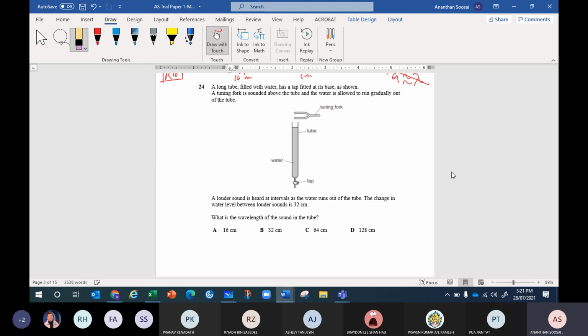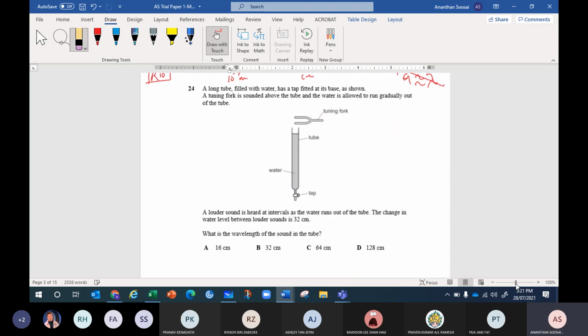Okay, so 24 is the stationary wave. Okay, what do you want?